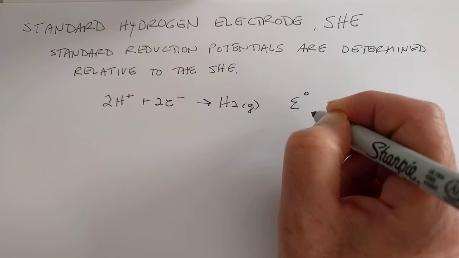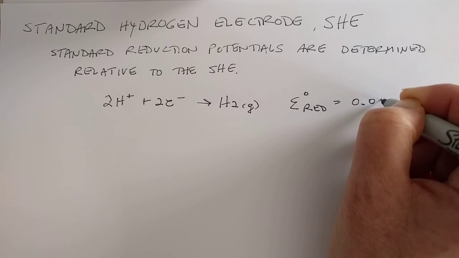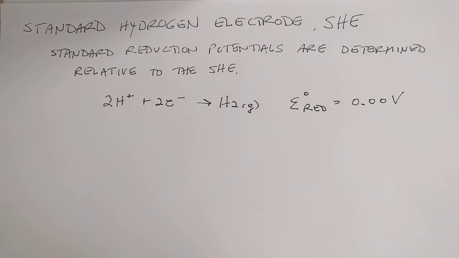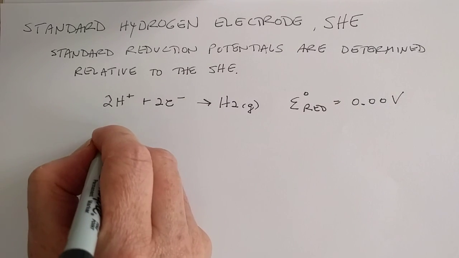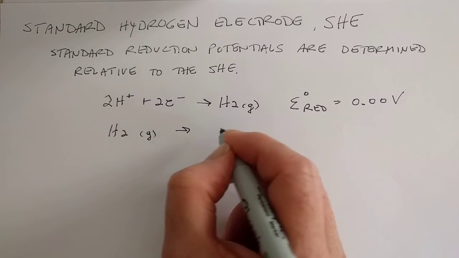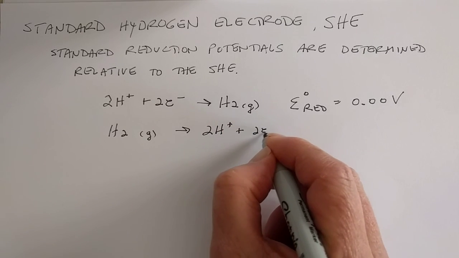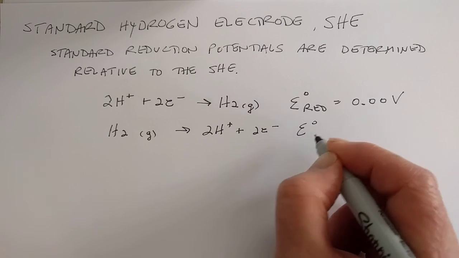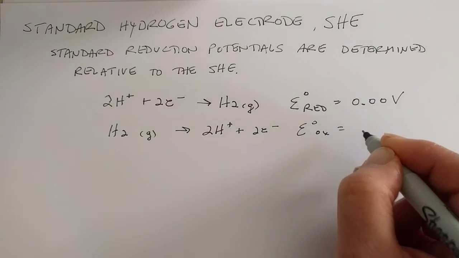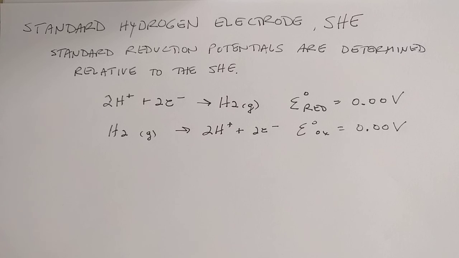And so we can say our E0 of the reduction is equal to 0.00 volts. If we flip this, we get H2 gas goes to 2H plus, aqueous, plus 2 electrons. And the E0 of this oxidation is the same, 0.00 volts.